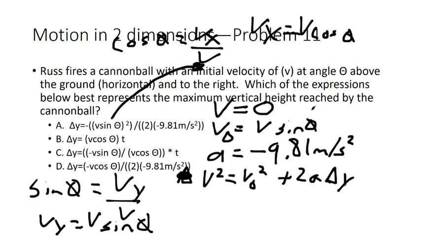Before we do that though, remember that the final velocity at the maximum height is 0, so this part's going to be 0. Also remember that v0 is our initial vertical speed, which is v sine theta.